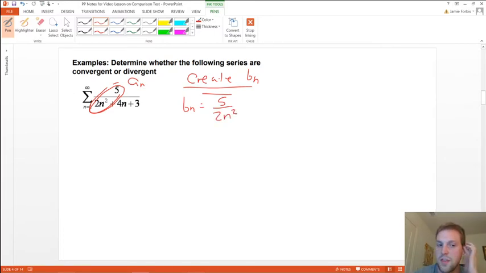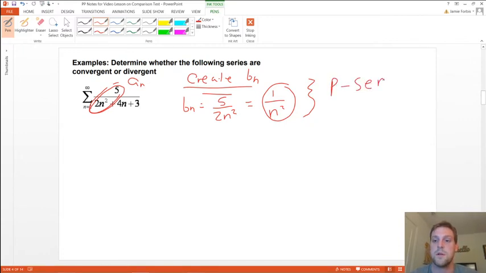And I try to think about it, if I can, without the coefficients. So like 1 over n squared. So there we go, 1 over n squared. 1 over n squared is a p-series. So I know that this p-series, in which p is equal to 2, which is greater than 1, is going to actually converge.